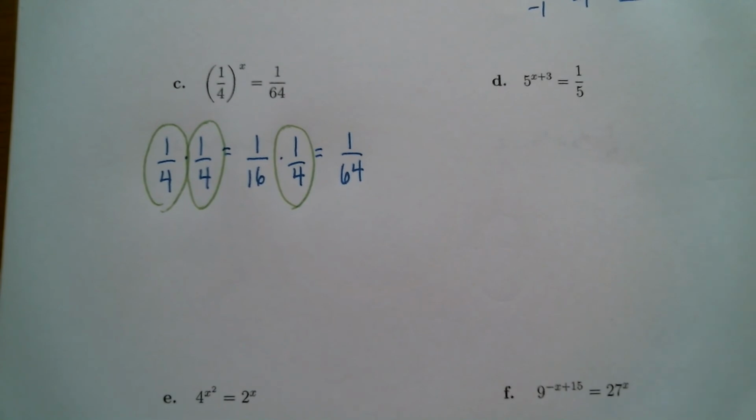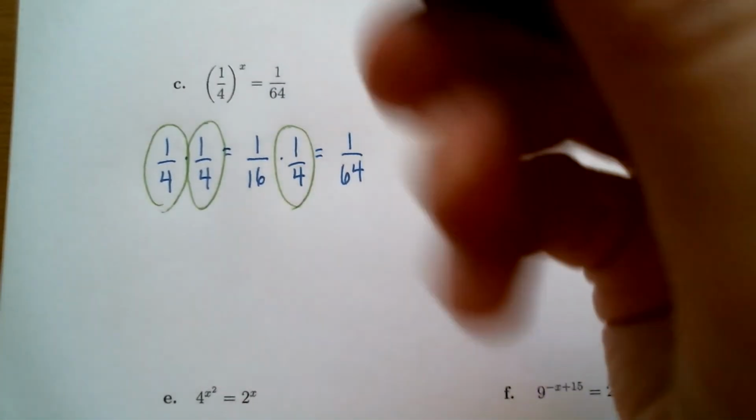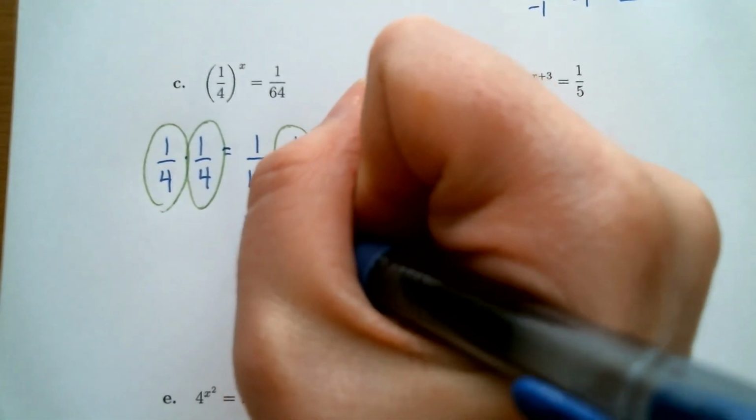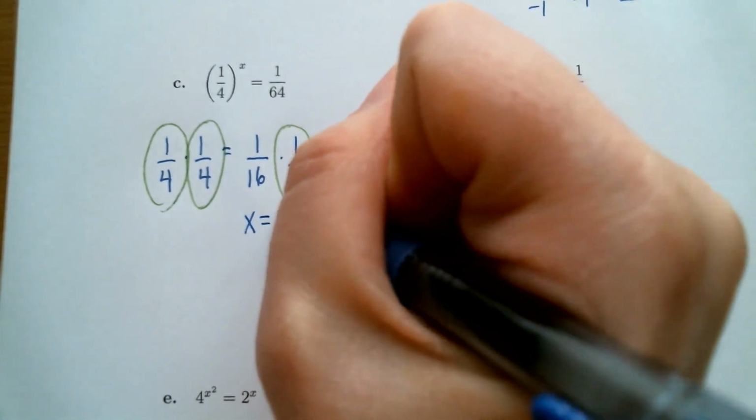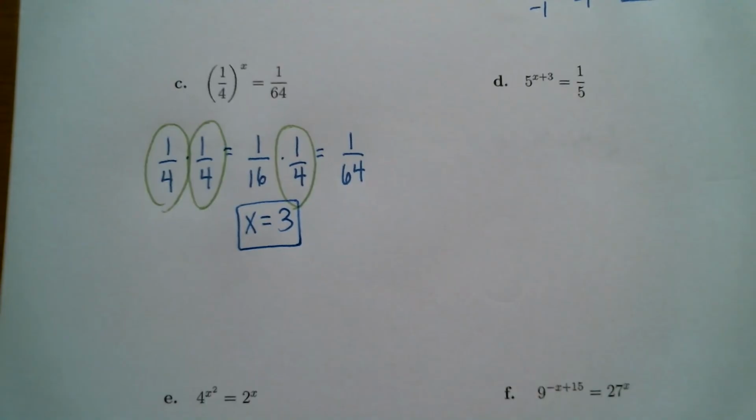And so that means the power that you had to raise 1/4 to needed to be 3. Okay, that's one way you can get the answer. Because of the fractions, that's the way I recommend doing this problem.